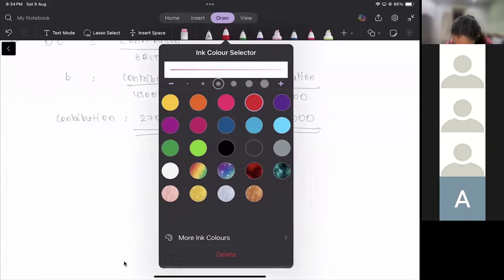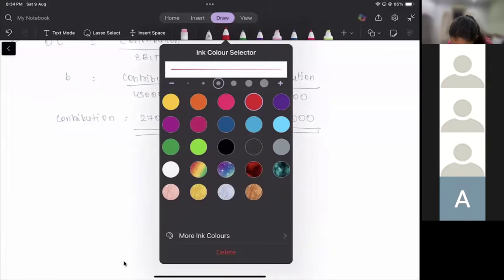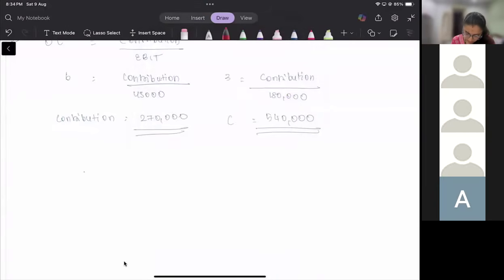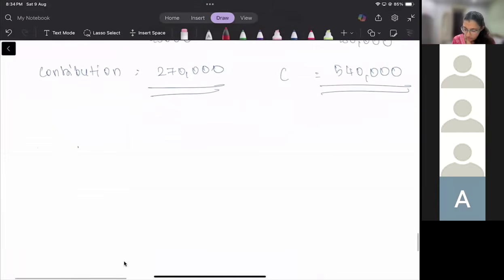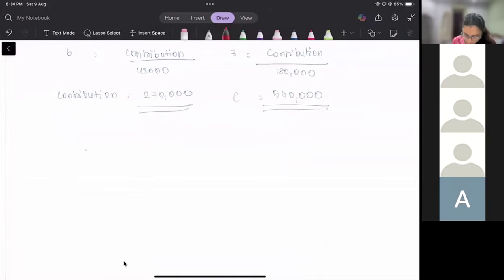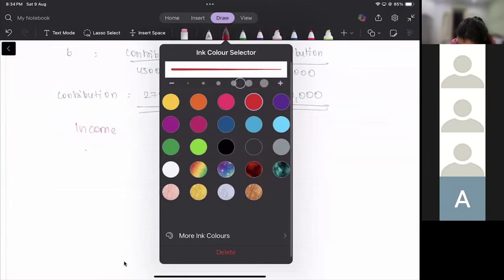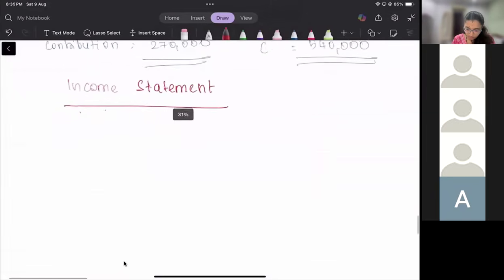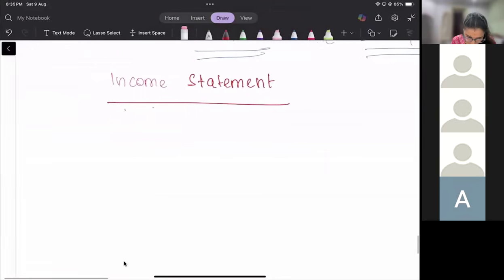Okay. Yes. So, shall we draw the income statement? Is it better now? Change it to red color. Yes, okay.